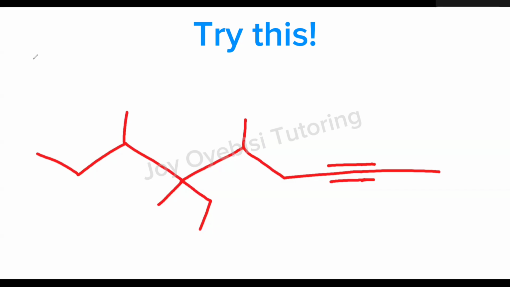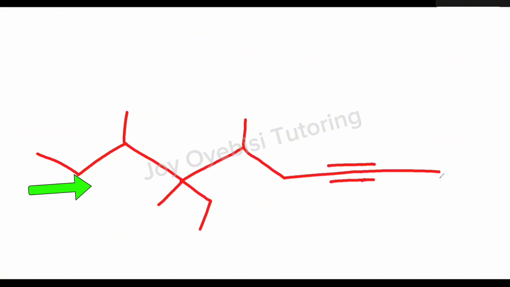All right, let's name it. First thing, identify the longest continuous chain, and we can clearly see the longest continuous chain. This is closer to the triple bond, so I'm going to start counting from my right. This is 1, this is 2, this is 3, that is 4, this is 5, carbon 6, 7, 8, and then 9.